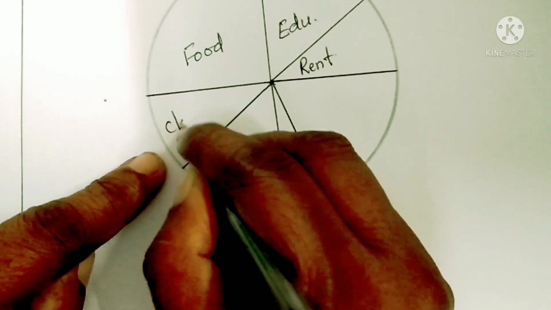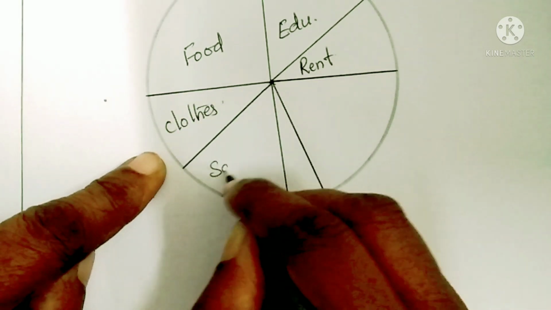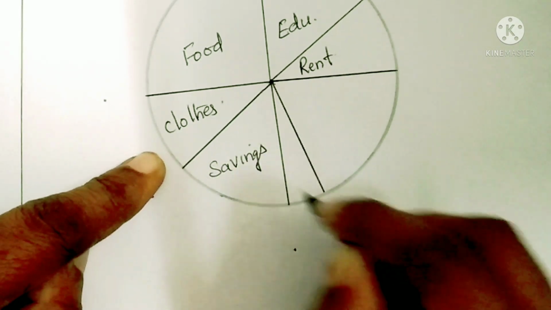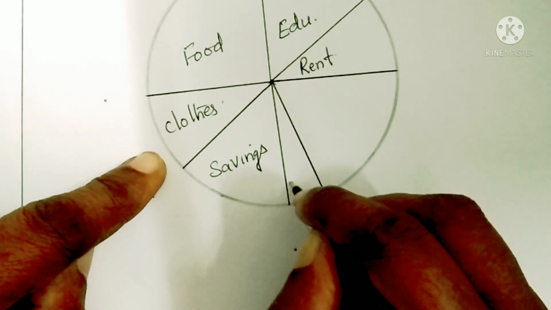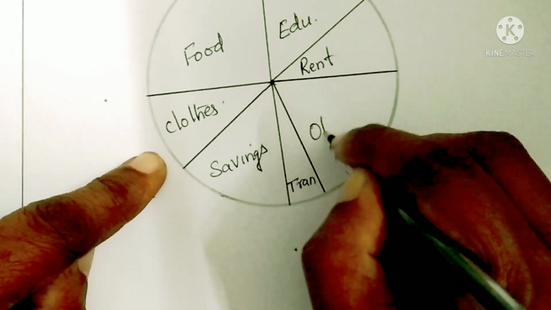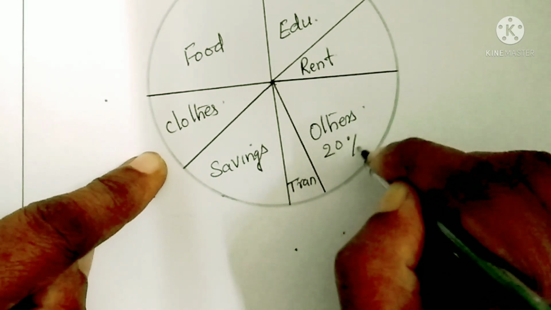Then we have clothes, savings, and then transport and others. All we can write the percentage.